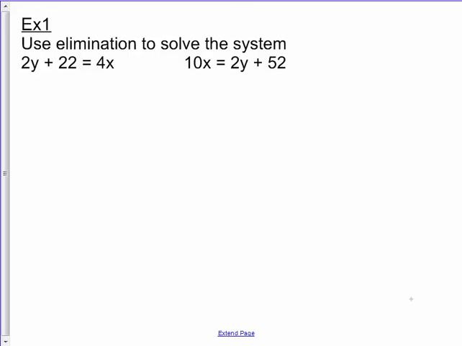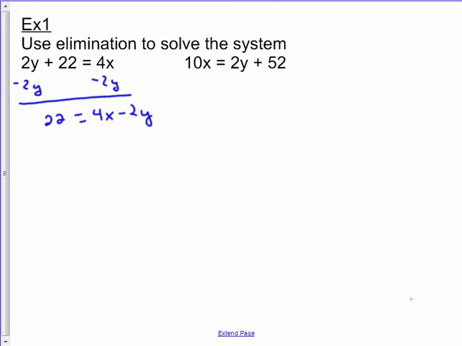So the first thing, I'm going to write everything in standard form. Get your x's and y's on one side, get your constants on the other. For us, that means move the 2y over. I have 22 equals 4x minus 2y.